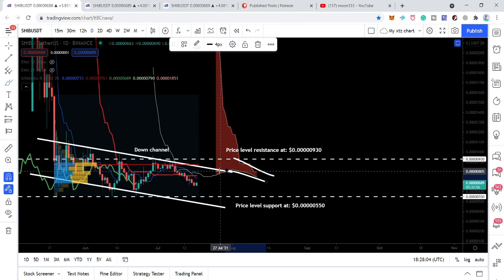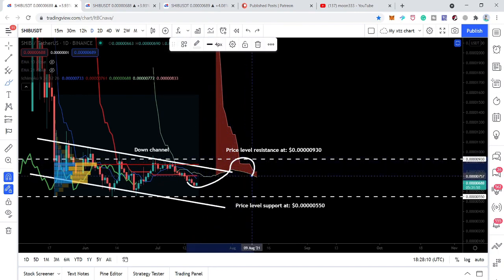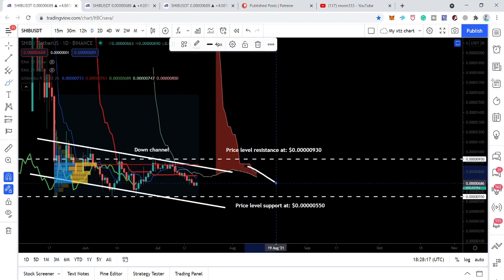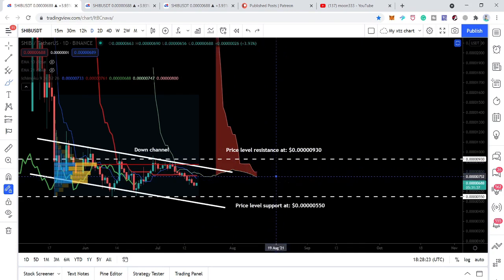So once the price line starts breaking out this resistance of the down channel, at the same time it will also be breaking out this Ichimoku bearish cloud, and I'm expecting that soon it will turn bullish. It will change into green color, and that will show very powerful bullish signals by the Ichimoku cloud on the daily time frame chart.